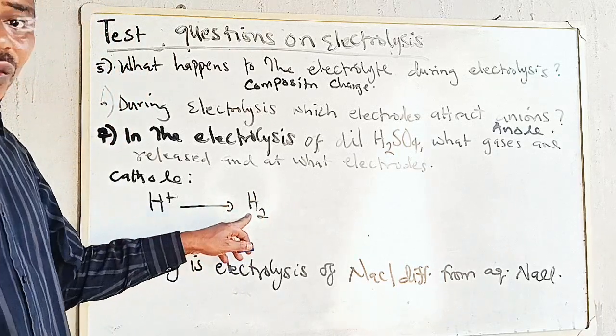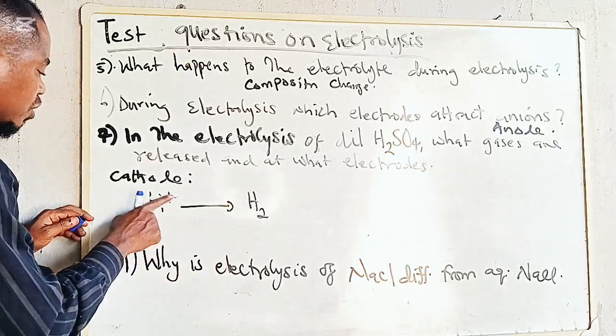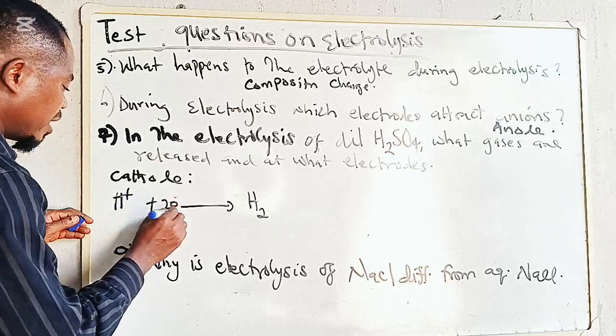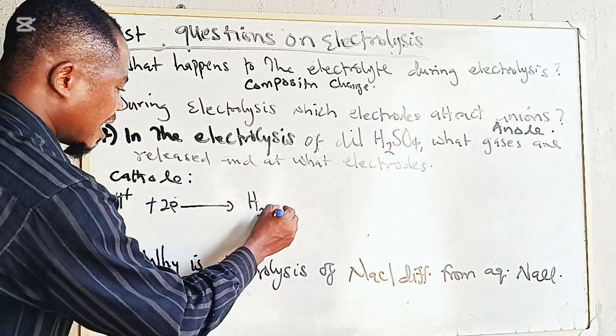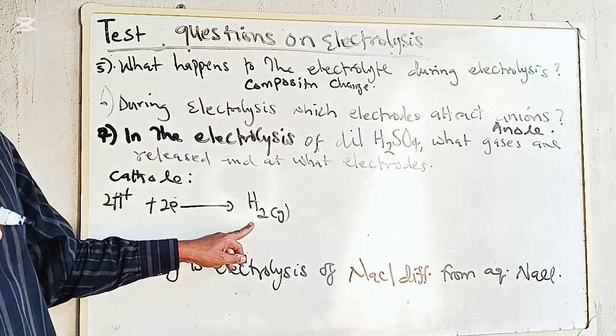Hydrogen ion will move to the cathode and be discharged as hydrogen gas. Hydrogen ion will accept 2 electrons and be discharged as hydrogen gas. So at the cathode, hydrogen gas will be discharged. Did you get that correct?